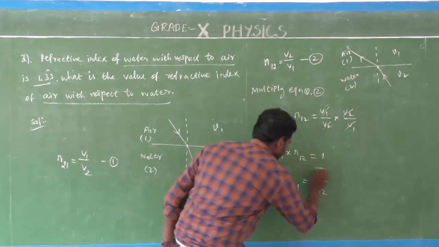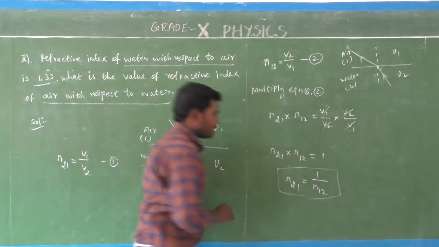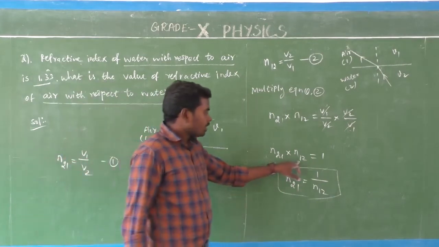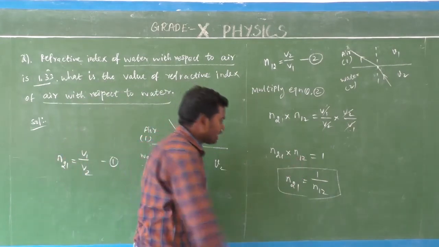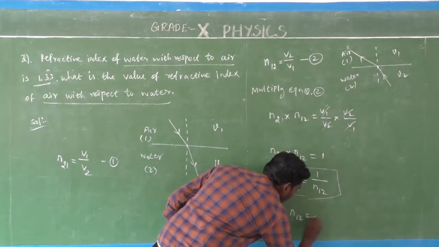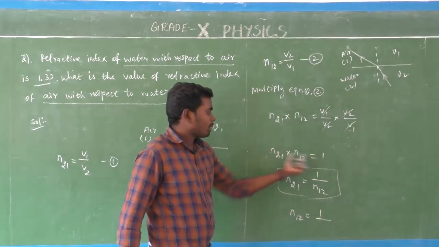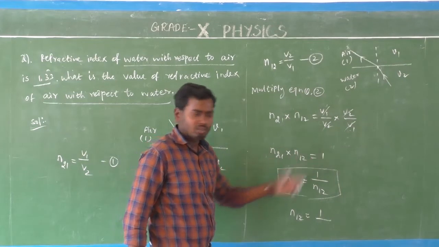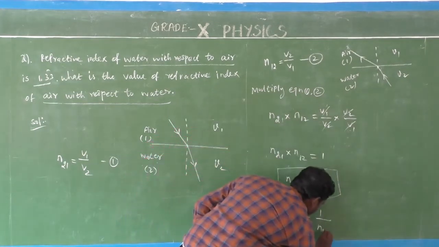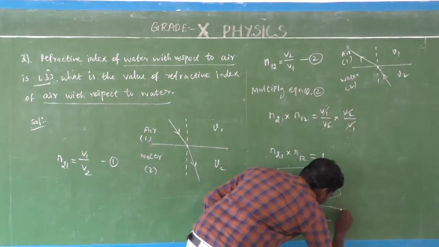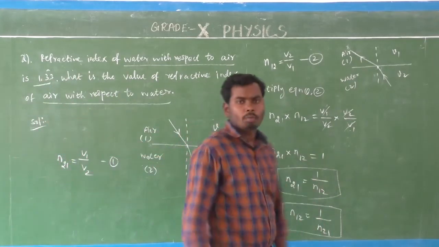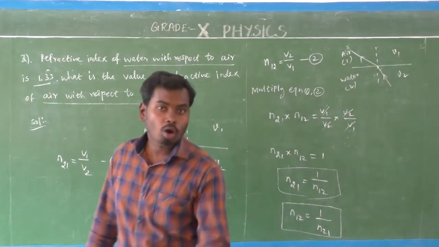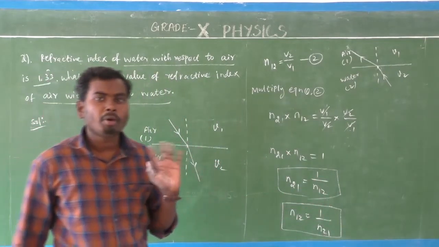Similarly, if we need the refractive index of medium 1 with respect to medium 2, n12 is equal to 1 divided by n21. Keep these two formulas in your mind. They are very important formulas.